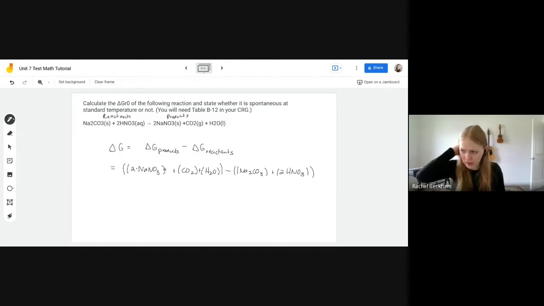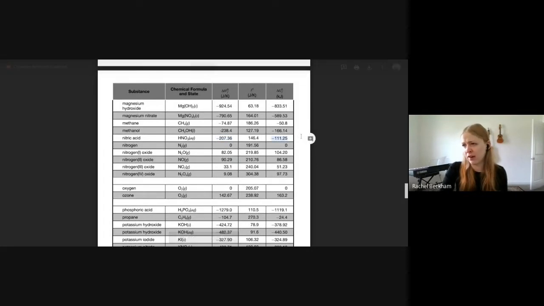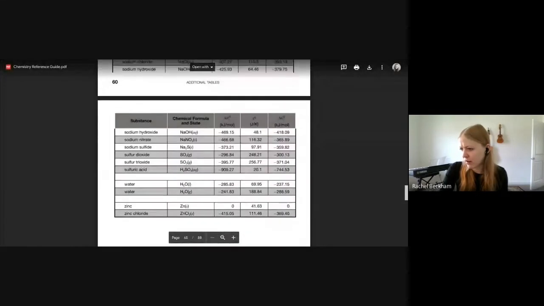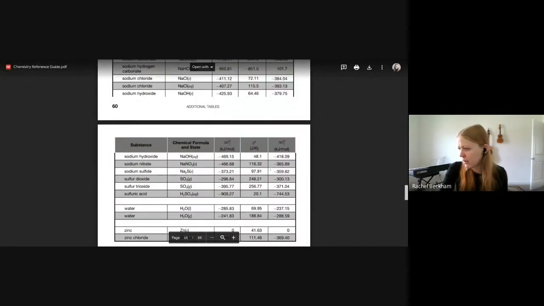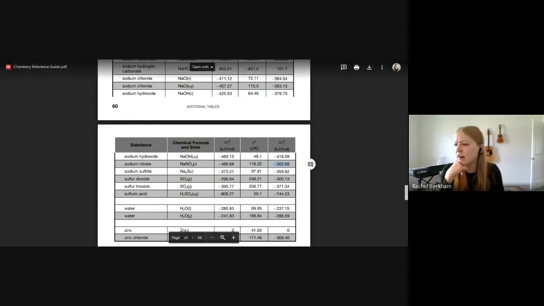So I'm just plugging in, these are my products right here, and these are my reactants right here. And now in my chemistry reference guide, I'm going to go back to the same chemicals, except I'm going to find the delta G instead. Okay, so let's start with the NaNO3, the sodium nitrate. NaNO3 right here, negative 365.89.